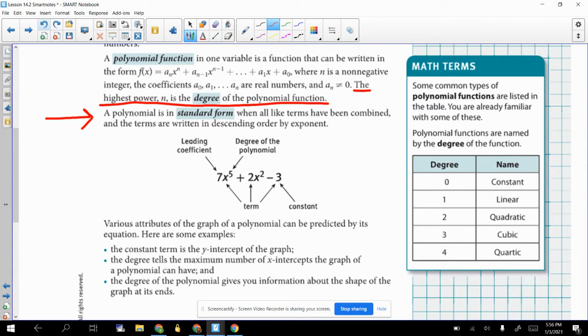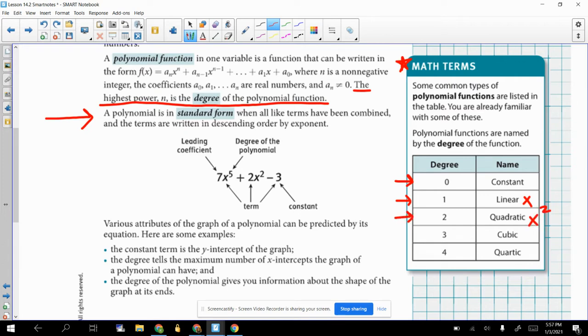Then over here, if you look at the math term, it does talk about some common types of polynomial functions. So you have your constant, which would be degree 0 because there is no exponent, right? You have your linear, which would just be x. So that has a degree of 1. You have your quadratic, which we just studied, x squared.